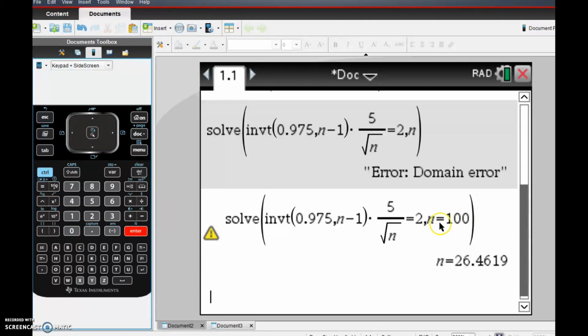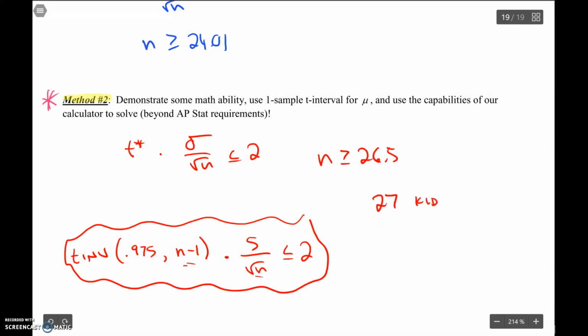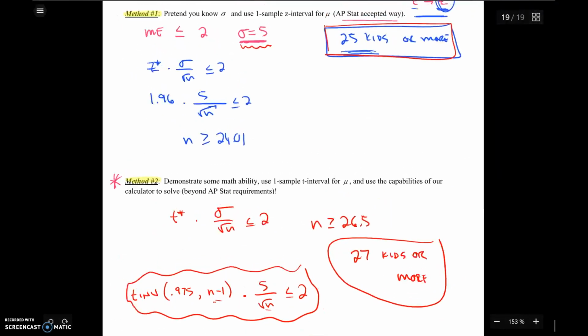You have to do a little bit of finagling, but it does it. 26.4, 26.5. So we need to sample 27 kids or more. And you can see that a couple more kids than before, that's the difference between the z-crit and the t-crit.